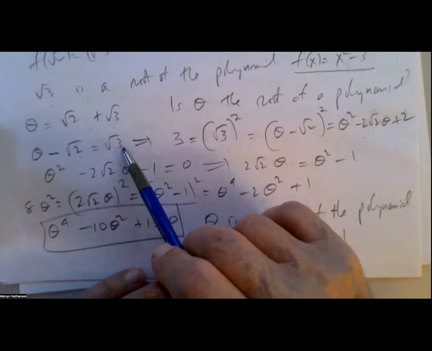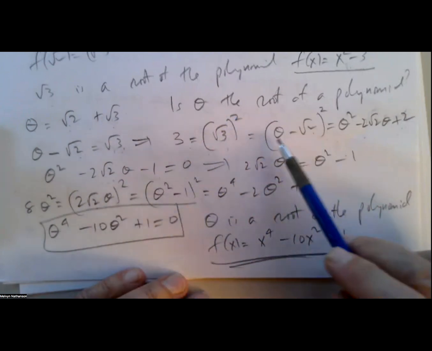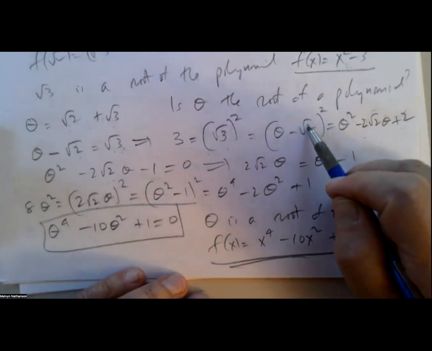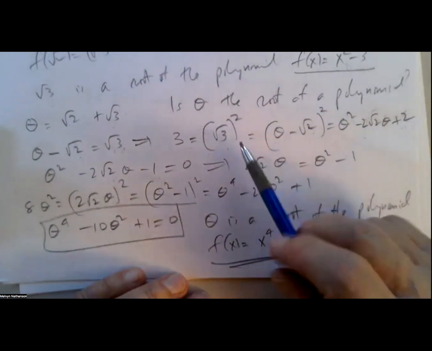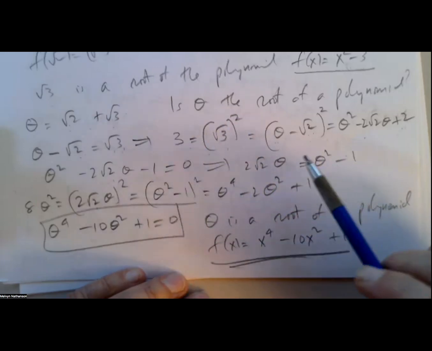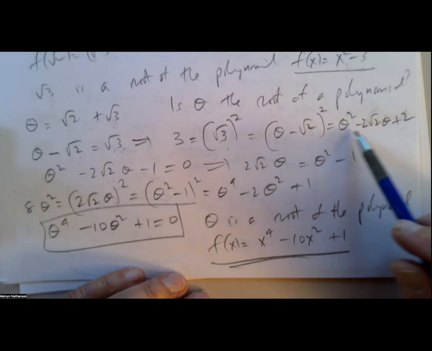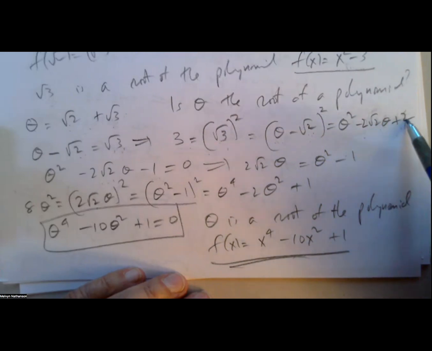And then I square both sides. So if I take root 3 and square it, that's the same as theta minus root 2 squared. If I square the square root of 3, I get 3. If I square theta minus root 2, just by squaring, I get theta squared minus 2 root 2 theta plus 2.